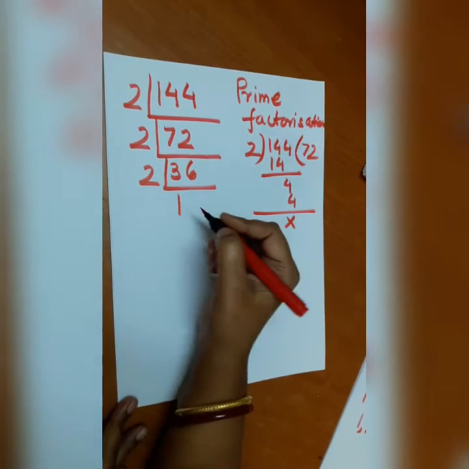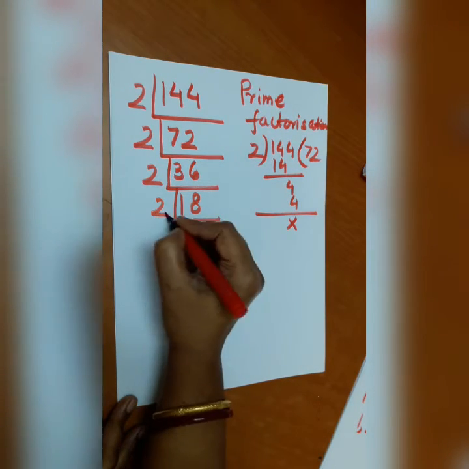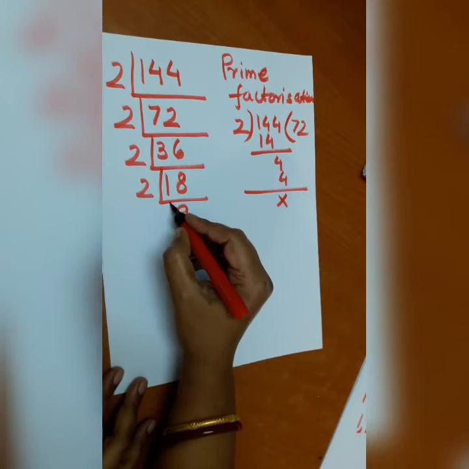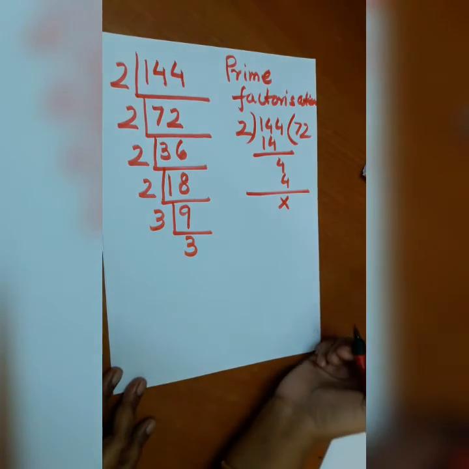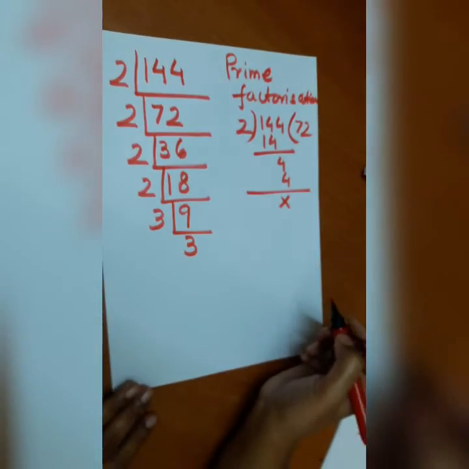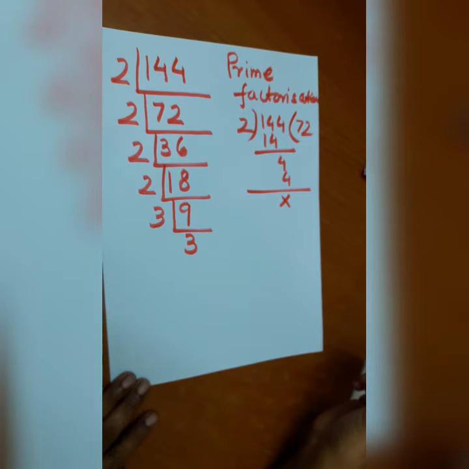Again 2 1s are 2, 2 8s are 16, 2 9s are 18, 3 3s are 9. This is called prime factorization, and this is the prime factorization of 144.